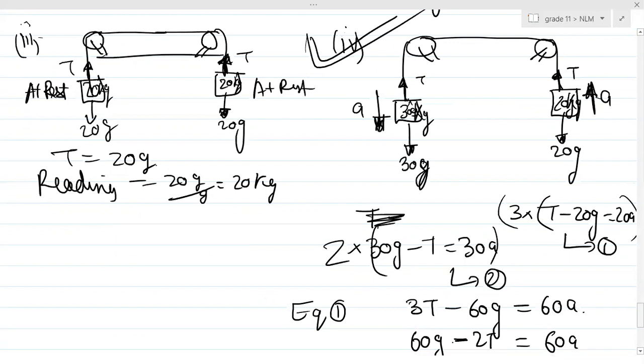Guys, I'm not teaching you constraint relations as of now, because due to that, lots of problems will be over. After this, the last topic will be the concept of pseudo force, then we'll start with friction.